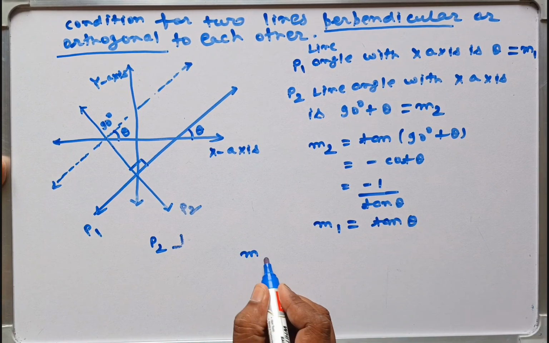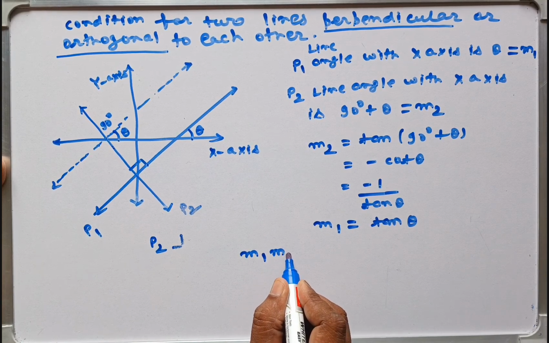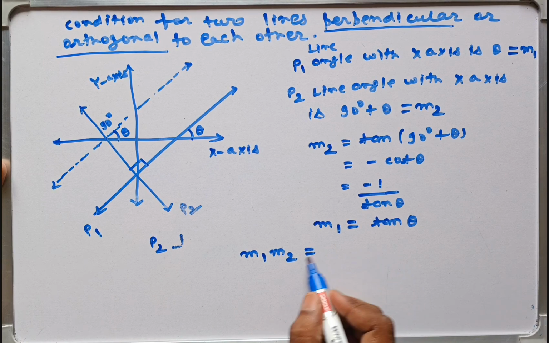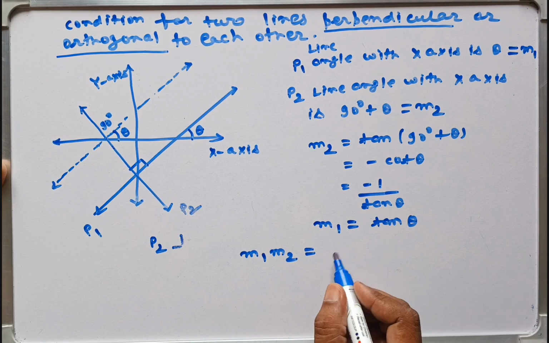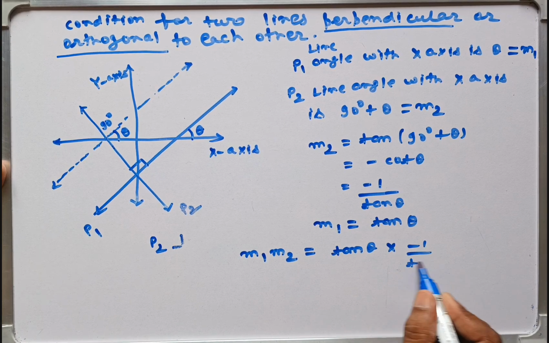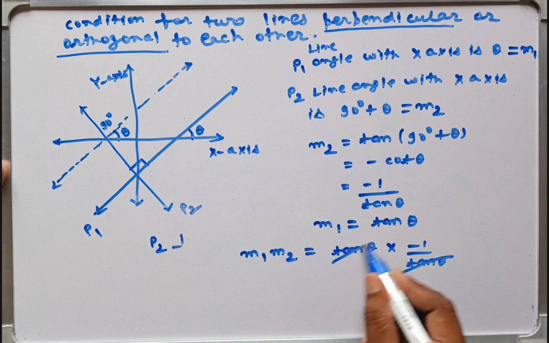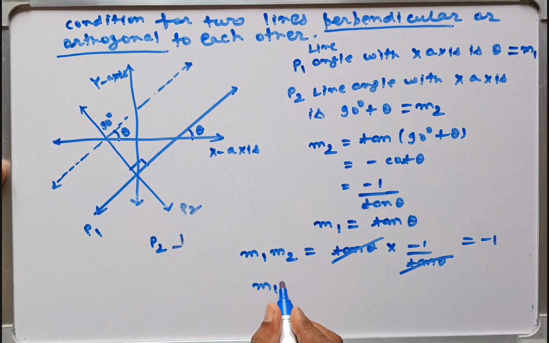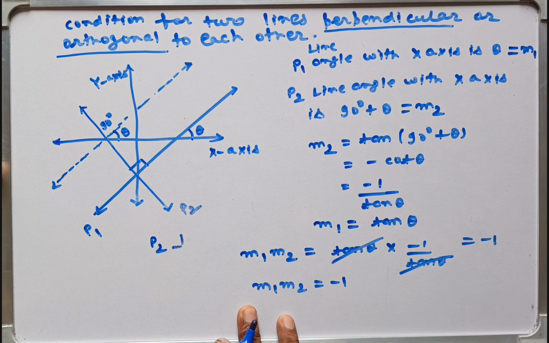If we take the product of the two slopes, it will be m1 into m2, which is equal to tan theta into minus 1 by tan theta. So tan theta cancels out, and this is equal to minus 1. So when two lines are perpendicular to each other, the product of their slopes must be equal to minus 1. Here guys, m1 and m2 are numerical values of the slope.